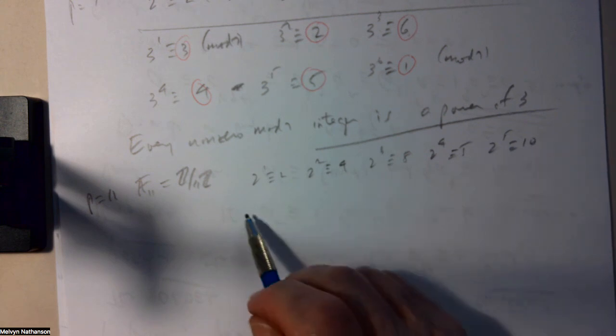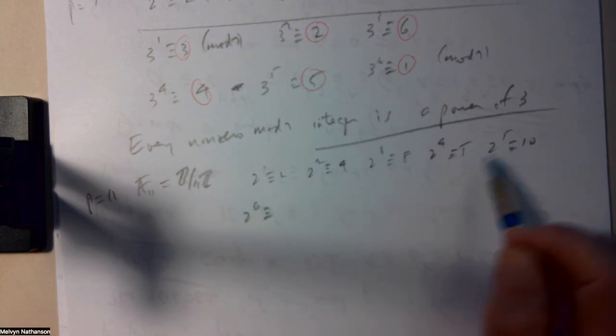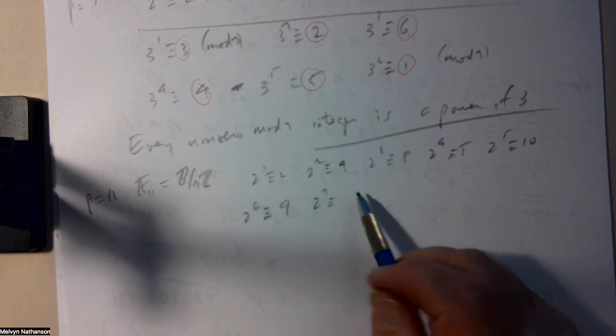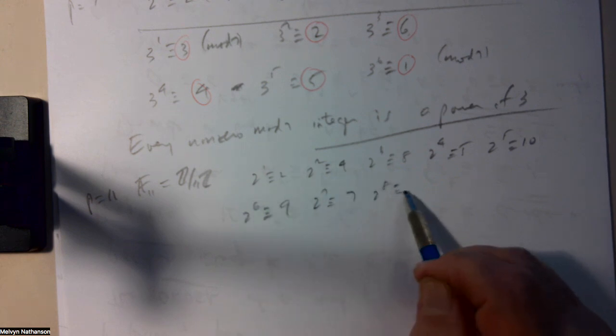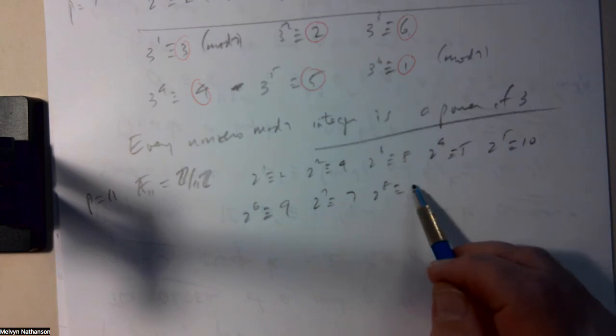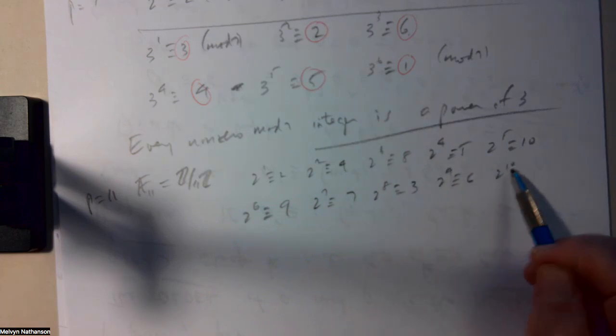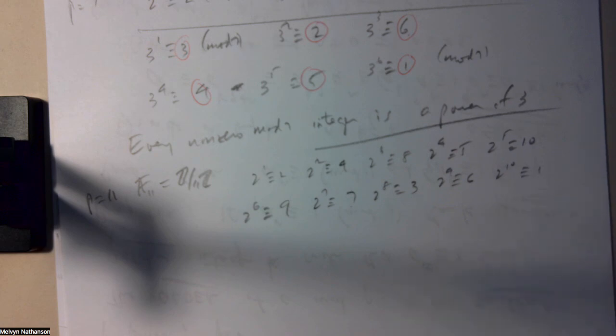Let's keep multiplying by 2. 2 to the sixth is 20, which is 9. 2 to the seventh is 18, which is 7. 2 to the eighth is 14, which is 3. 2 to the ninth is 6. And 2 to the 10 is 12, which is 1.